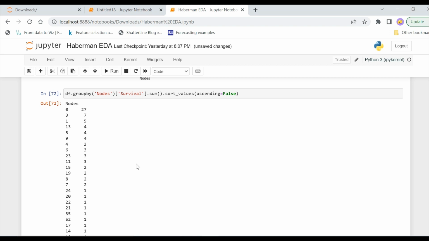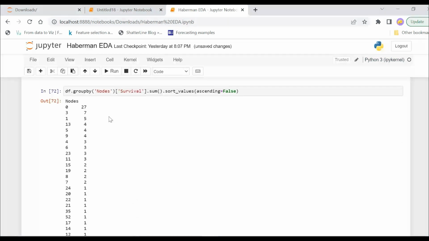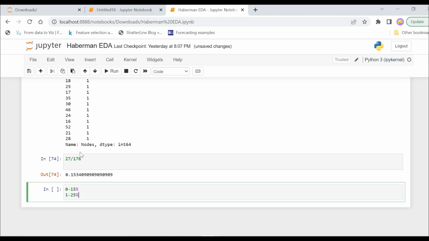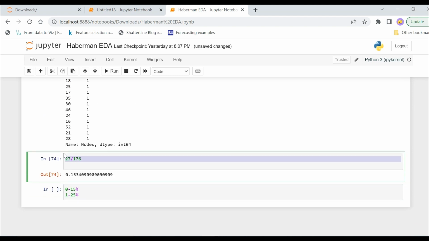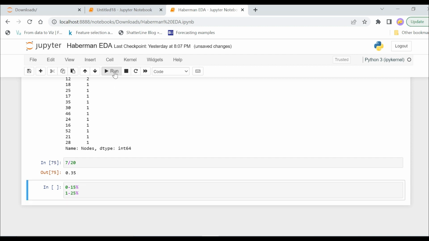Similarly, if you see 3 nodes and 20, 3 is how many you have? 3 is 7, and this is 20. So 7 divided by 20, so 35% chance.